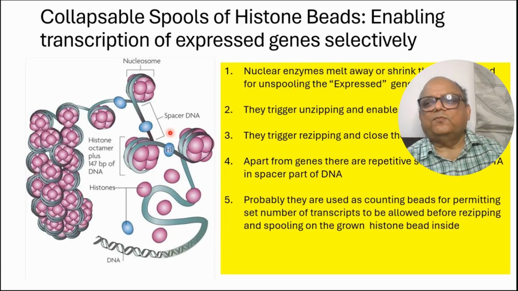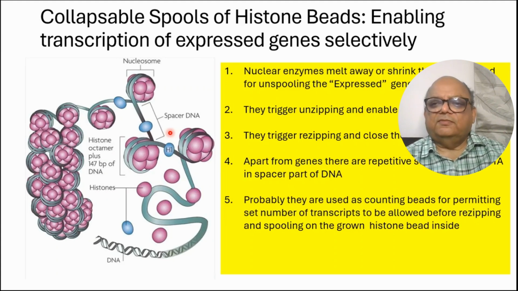Yeah. So it is used for counting how many transcripts have been copied. Now, obviously, any data center has to have a control on how many transcripts are to be made. Okay. So probably they are used for counting. So every transcription will probably wind one TA sequence. And as you go on making transcripts, the strands having number of these TA, they will go on closing progressively.